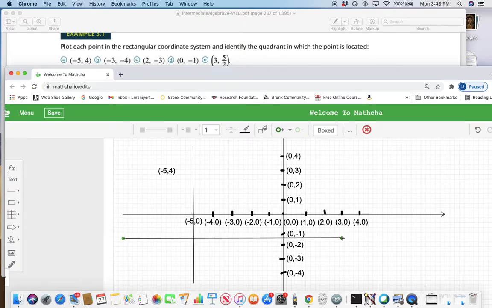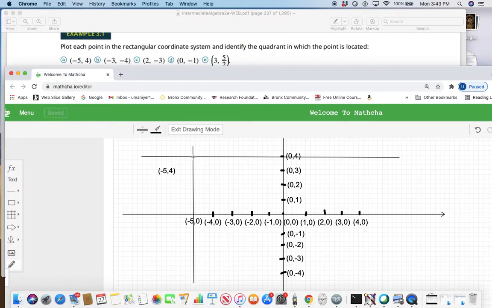Now you can move it up and down until 4. Where the vertical line meets the horizontal line, that's where your point negative 5, 4 is.